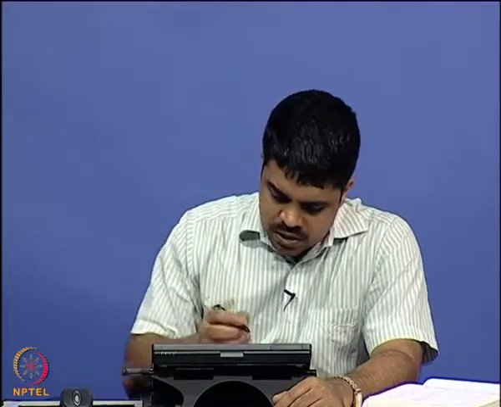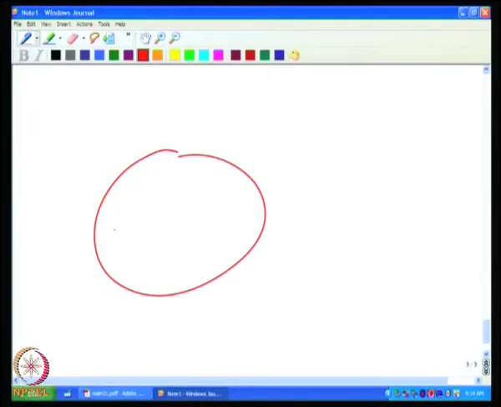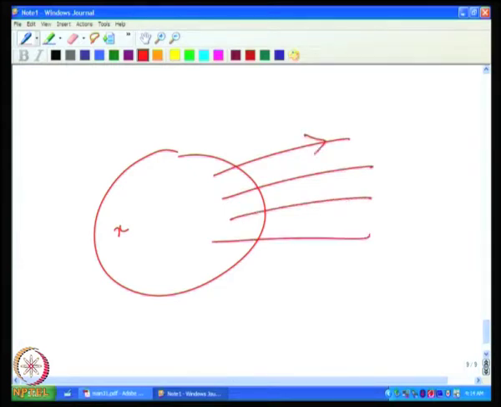Now, what is the capacity of such a cut? Essentially, the capacity of the cut means, if this is the cut, x is here, the source is here, and these are the outgoing edges, the sum of the capacities of the outgoing edges. So, for instance, C of this edge, C of this edge, C of this edge, C of this edge.